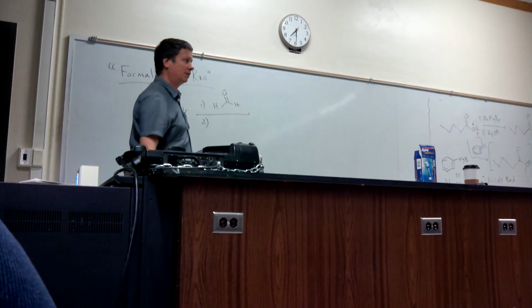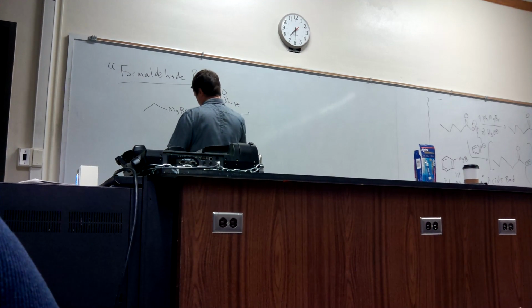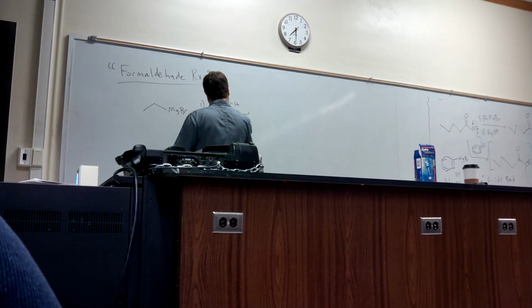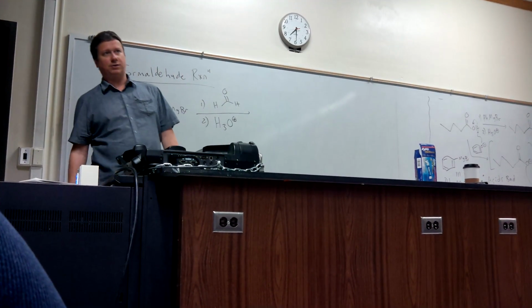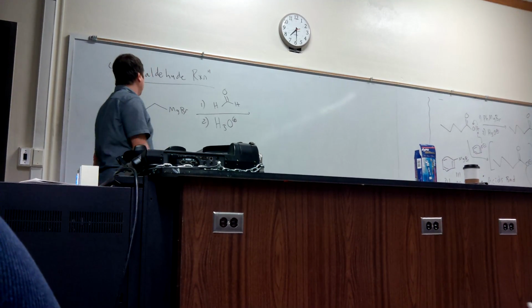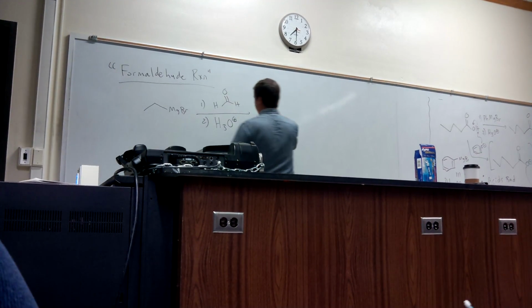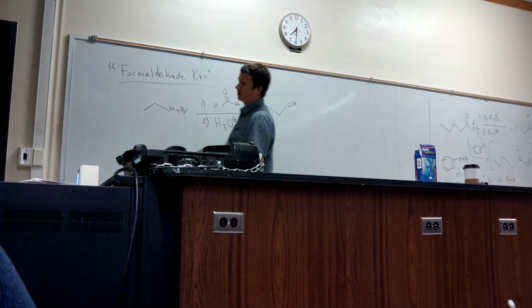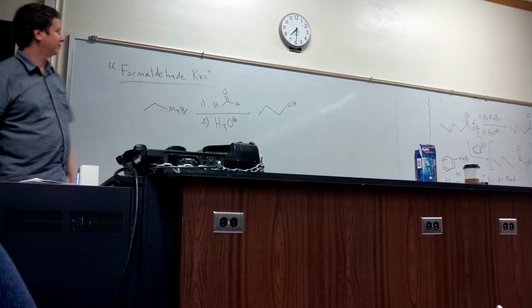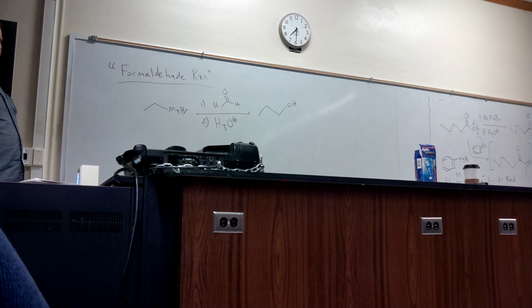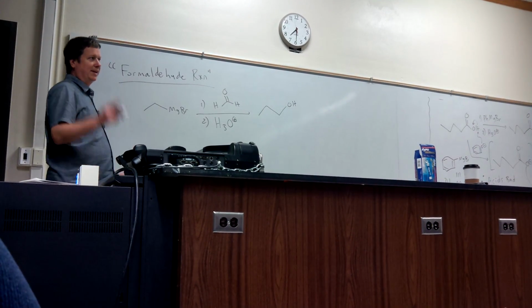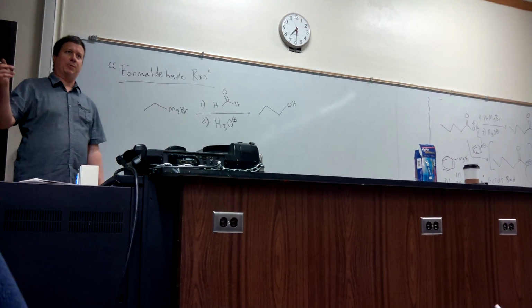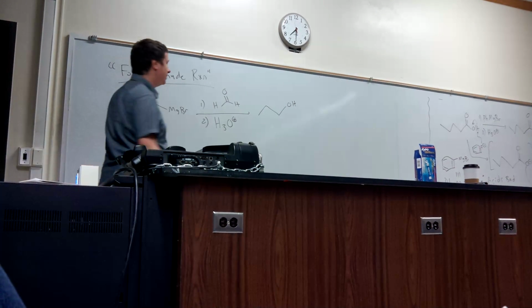Formaldehyde. Take your ethyl Grignard, throw in some formaldehyde, and out comes your molecule with one extra carbon. 2 carbons to 3 carbons in an alcohol. So it's just an easy way to add a carbon to a molecule.